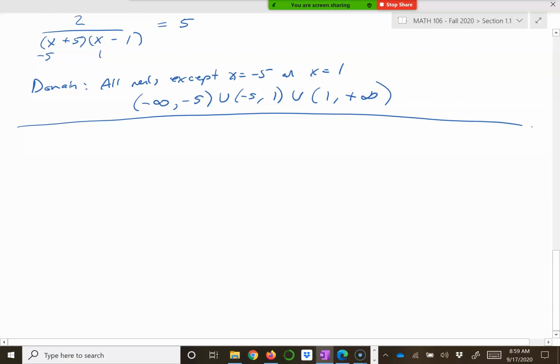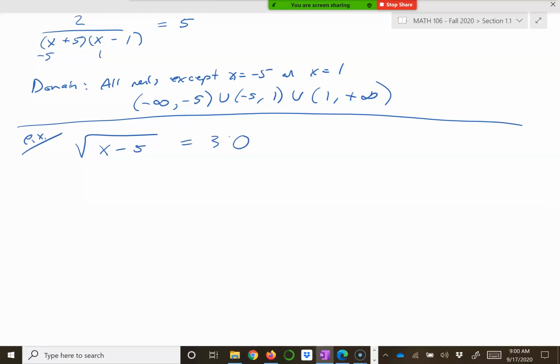Now this will be the last type that we'll see in terms of how to figure out domains. Let's say you had the square root of x minus 5 equals 30. All right, and we want to figure out the domain.